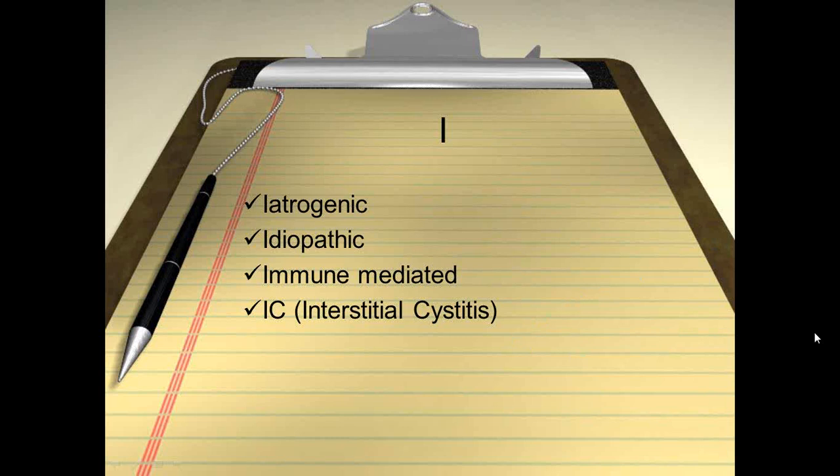Why that is, nobody really knows yet. However, if we look at the pathology of IC, again, there is this preponderance of mast cells in the bladder. Why? One of the newer theories behind fibromyalgia is that there is a preponderance of mast cells in the skin of patients with fibromyalgia.